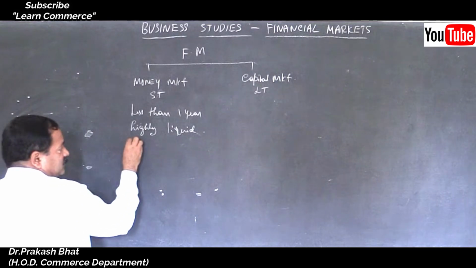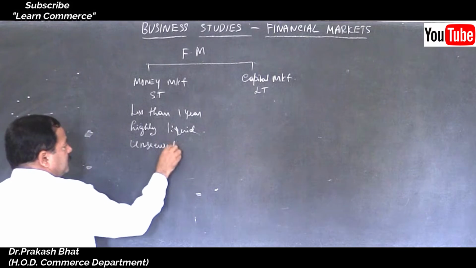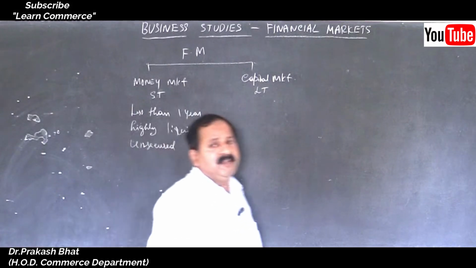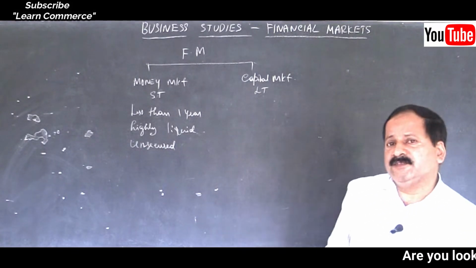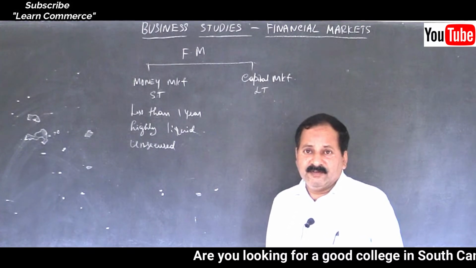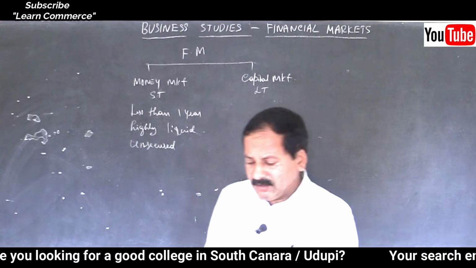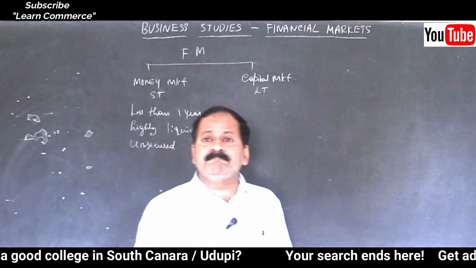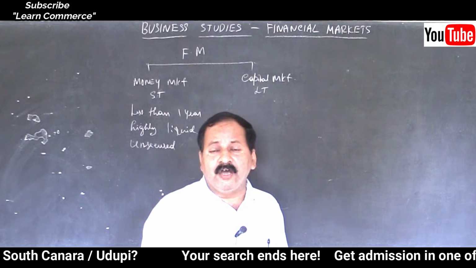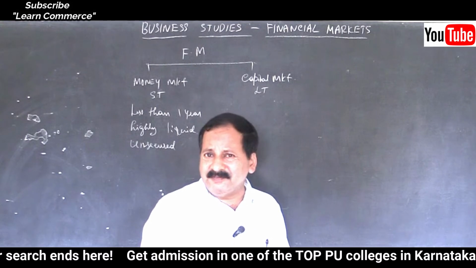and what else? Unsecured. They are not secured because no charge will be created on any assets while issuing those securities. Suppose if I want to borrow a loan, I have to pledge my property or maybe some gold or something like that, isn't it?